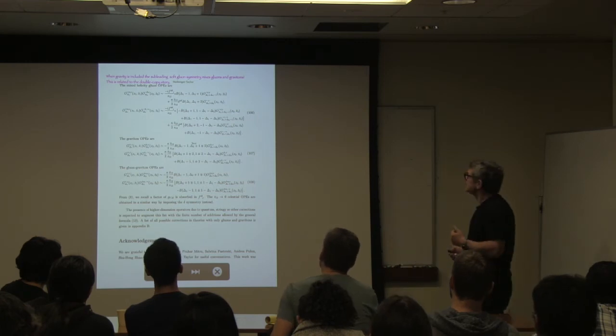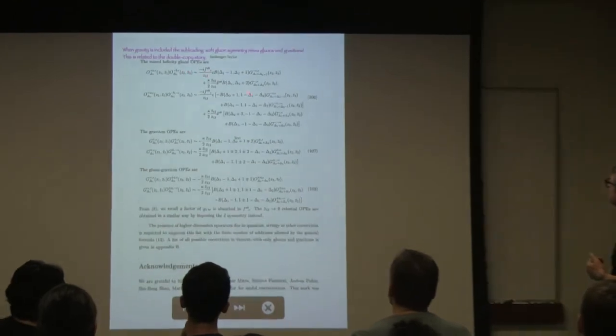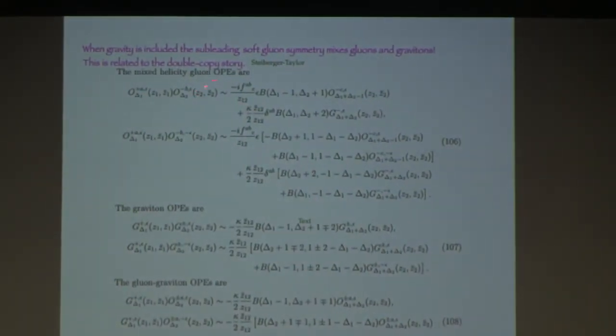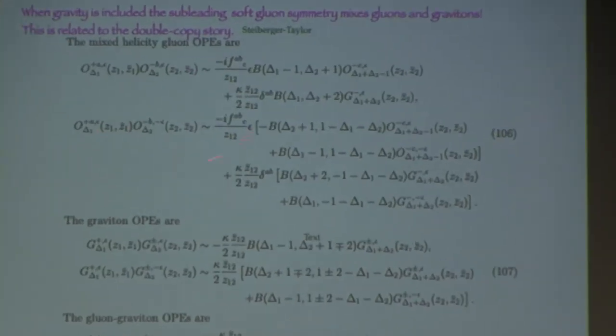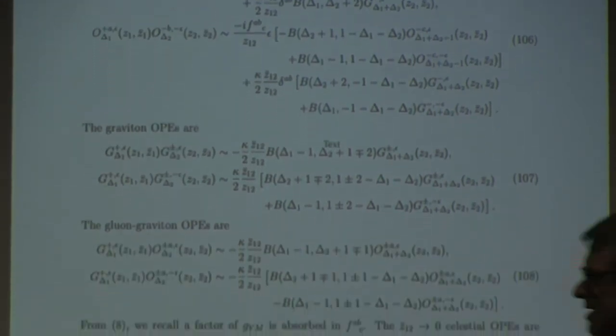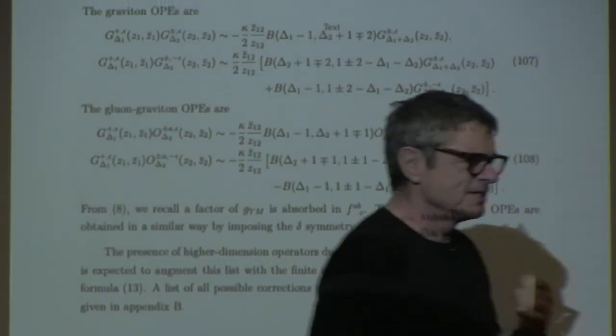And these things completely fix all the leading OPE coefficients. And we also then did the transform of the collinear singularities to verify that everything matched, but there are pretty complicated formulas there.